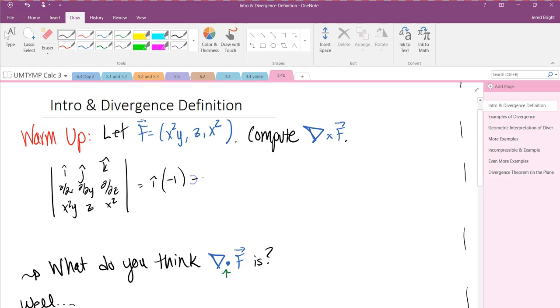And then we have minus j, and then let's see, that'll be 0, and that'll be x squared, and then plus k, and then let's see.